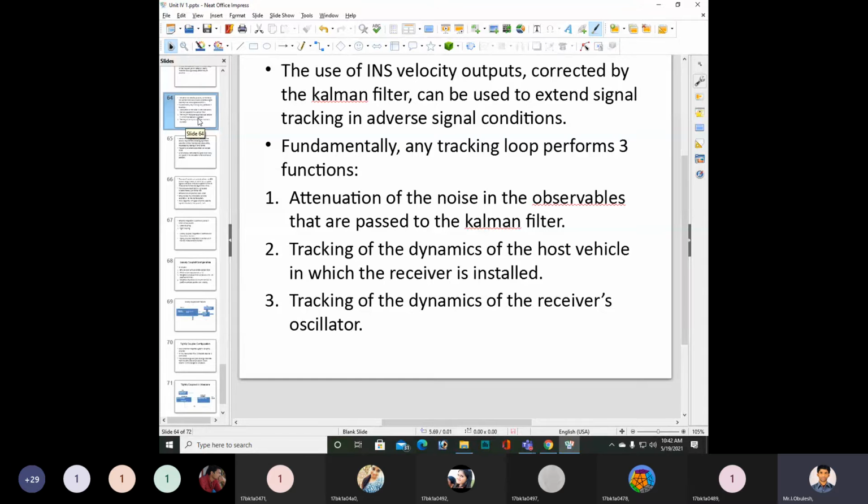Fundamentally, any tracking loop performs three functions.